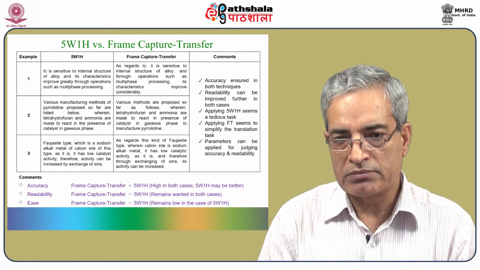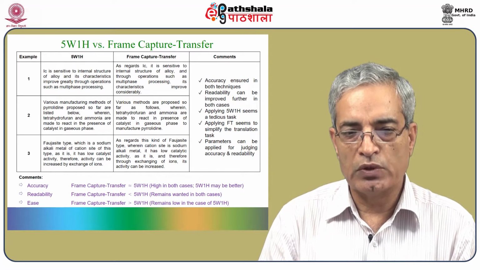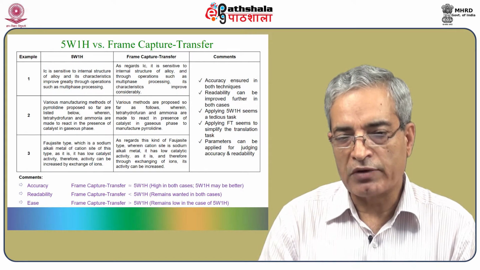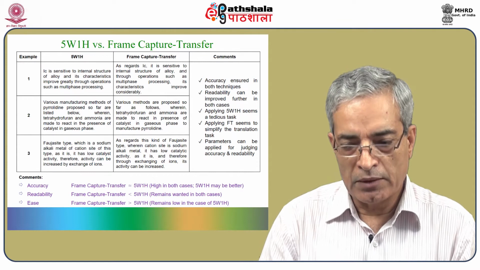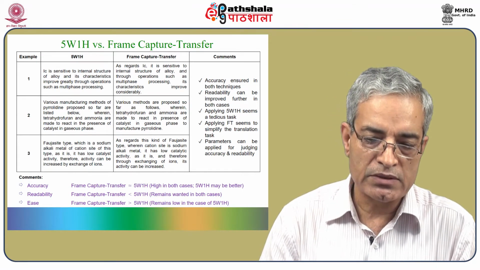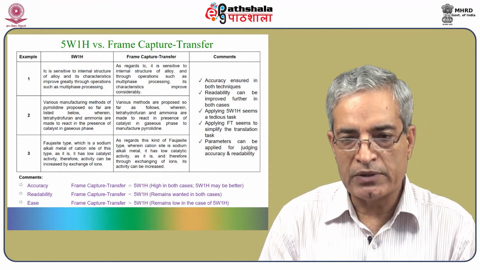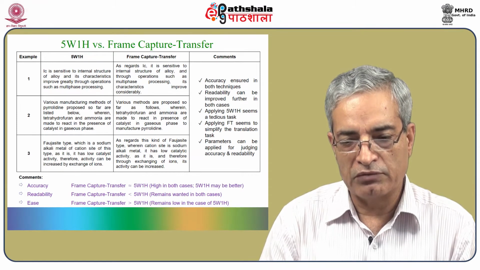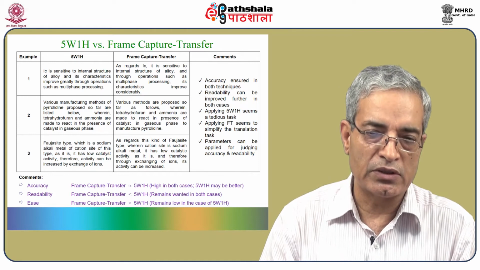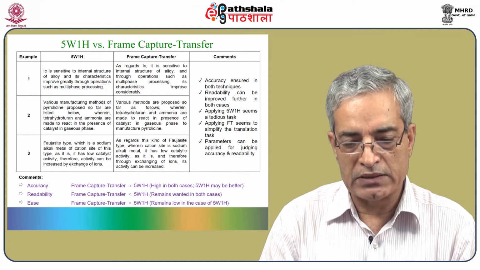This is true because if you are not very familiar with the content, you are finding the complete thing as Greek, so the application of 5W1H might be quite difficult. Then applying the frame transfer seems to simplify the translation task. And on parameters, the comment was: on what parameters do I compare the 5W1H and the frame capture transfer? Yes, that's correct. So parameters can be applied for judging the accuracy and readability for a better or more accurate comparison.